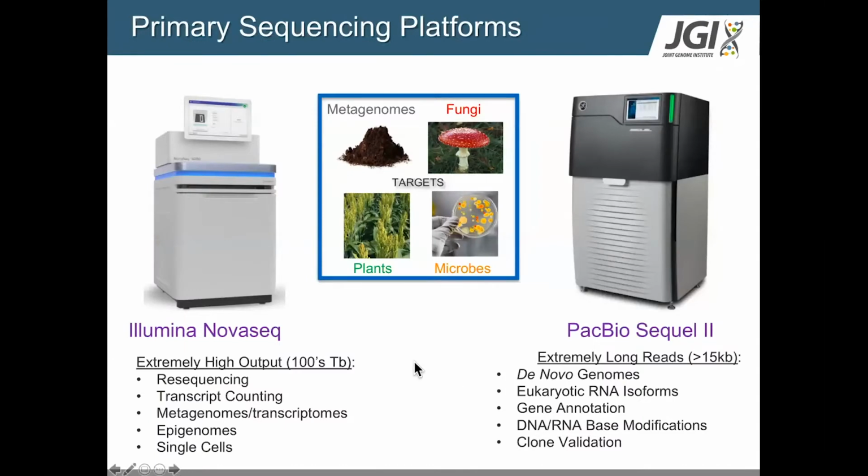So sequencing is our bread and butter, and I would say that we have 2 primary platforms. This is not to say that we haven't evaluated or do not have other sequencing platforms, but these are our 2 primary platforms, which is the Illumina and the PacBio.